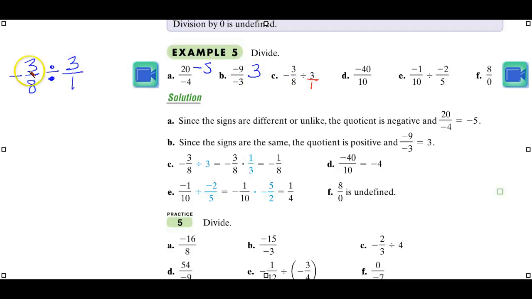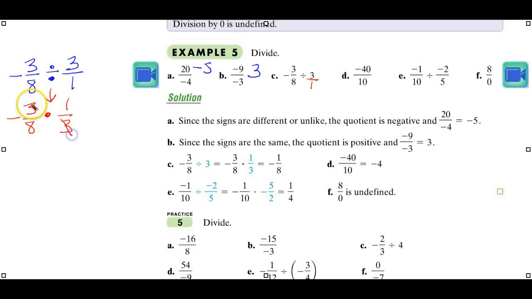Now, when we are dividing fractions like this, there is a little strategy of doing them. We write out our first item, but now we change our division to multiplication, and now we take the reciprocal of what we have here, which will be 1 over 3, and then we multiply.